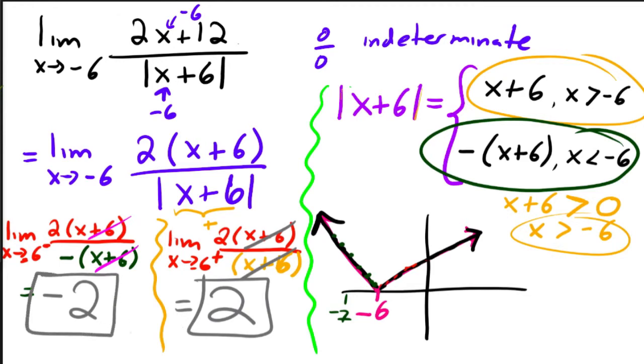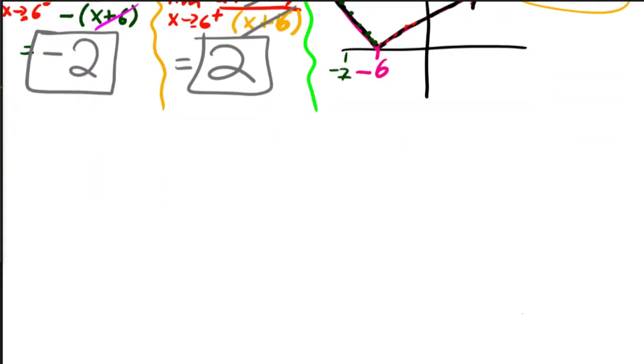So because it's different coming from both sides, you say that this limit does not exist. And if you actually graph this, let me draw you a picture.